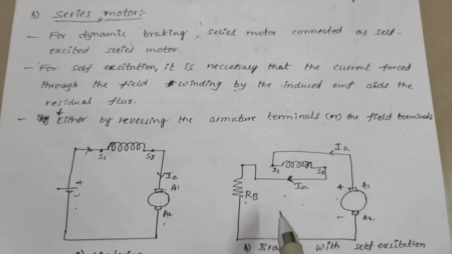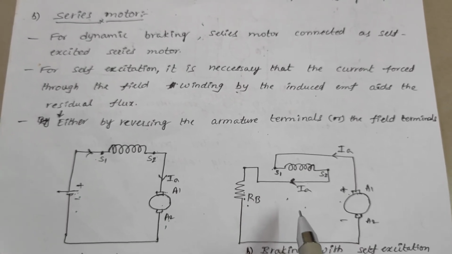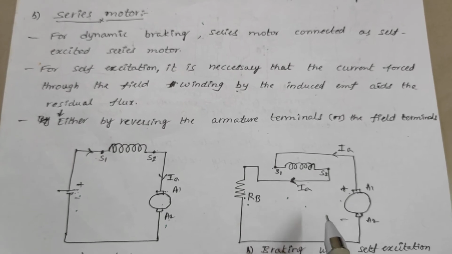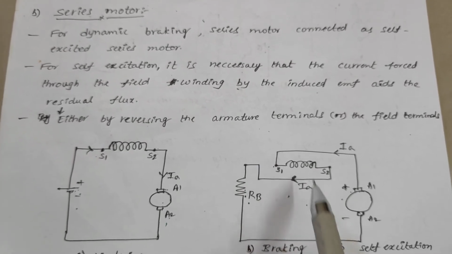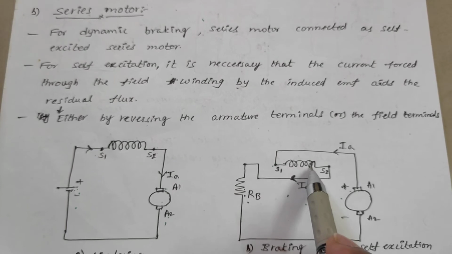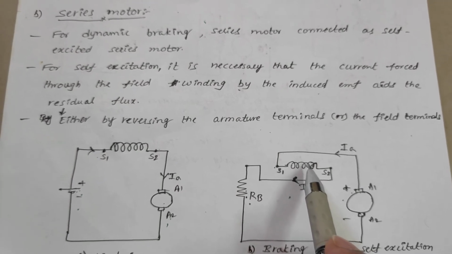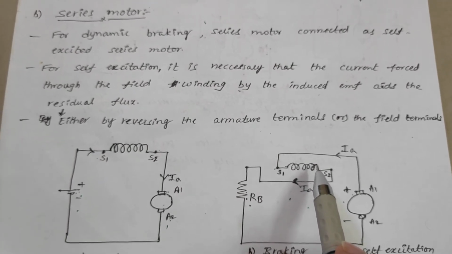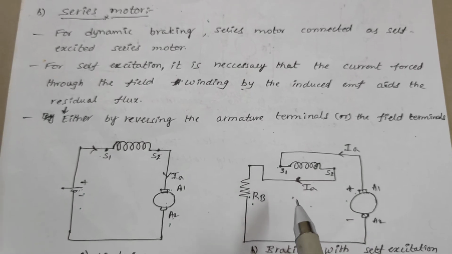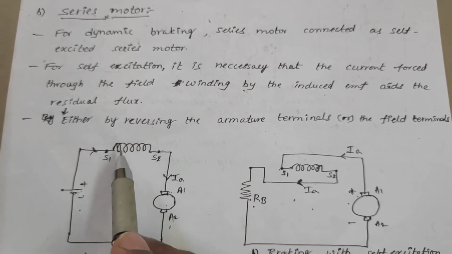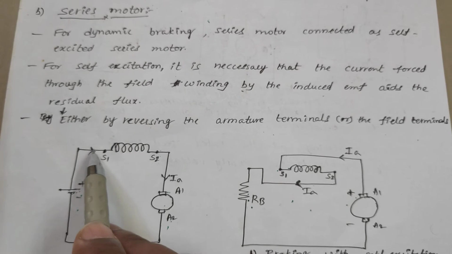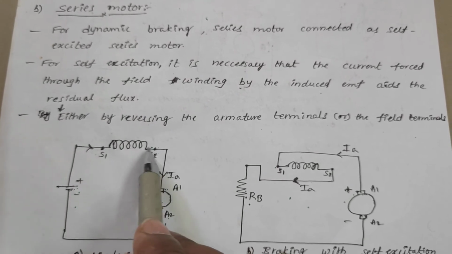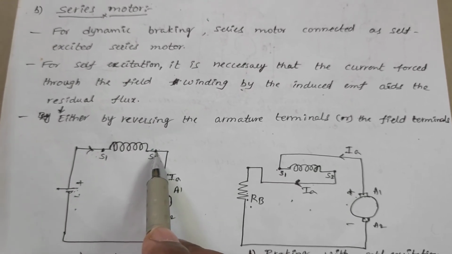For self-excitation mode, it is necessary that the current forced through the field winding, this is your field winding, by the induced EMF needs to aid the residual flux. That means your current during the motoring operation is flowing through the field winding from S1 to S2.